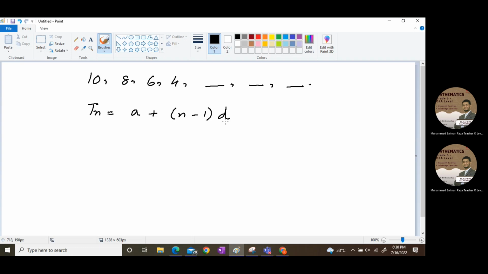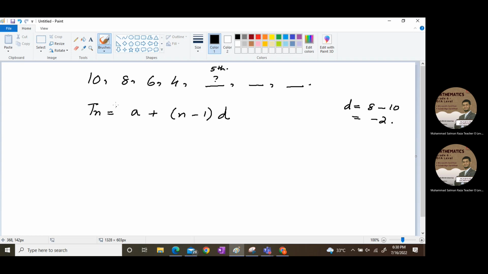And how do we find out the common difference? By subtracting the first number from the second number. So over here, the difference is 8 minus 10, which is minus 2. So keep it in your mind. This is a very important thing. You should not forget about it. So we are going to find out the fifth term over here.